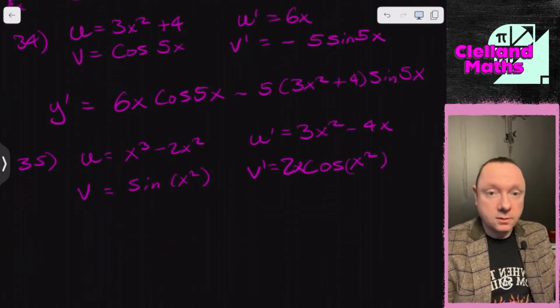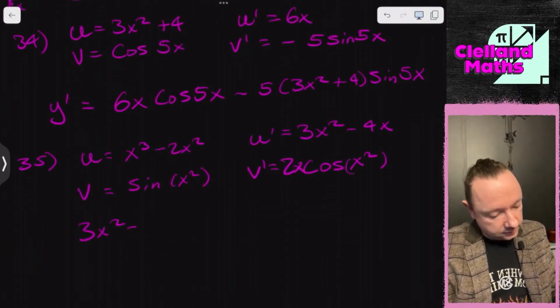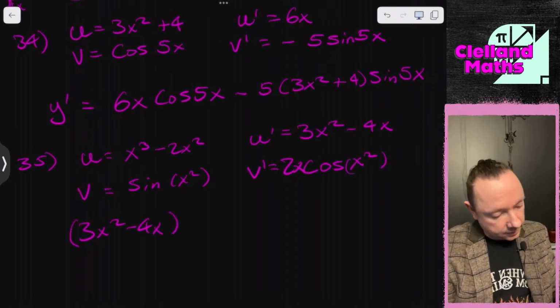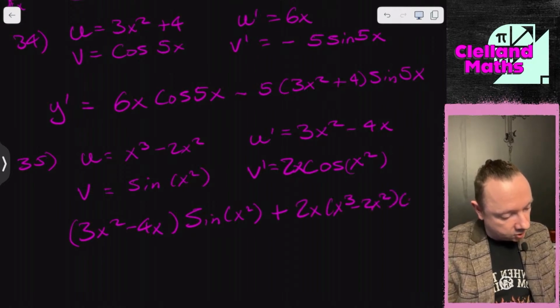Okay, vu dash, let's do that. 3x squared minus 4x, so good so far. And then vu dash, so it's sine x squared, plus u dash, x cubed minus 2x squared times 2x, so 2x times x cubed minus 2x squared times cos x squared.